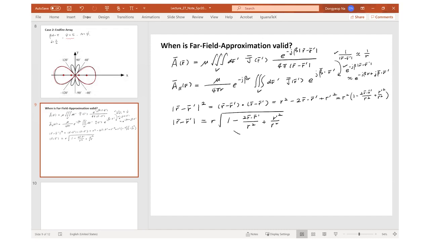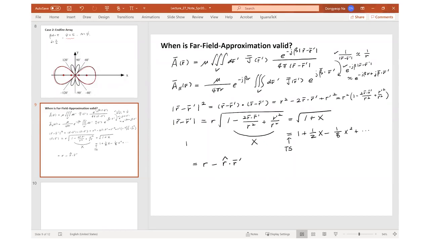So let's take this whole thing as an x, and then this one is the square root of 1 plus x. We can use this Taylor series, so that it's going to be 1 plus 1 over 2 x minus 1 over 8 x squared, and so on. We can explicitly rewrite this so that what we have is r minus r hat dot r dash.